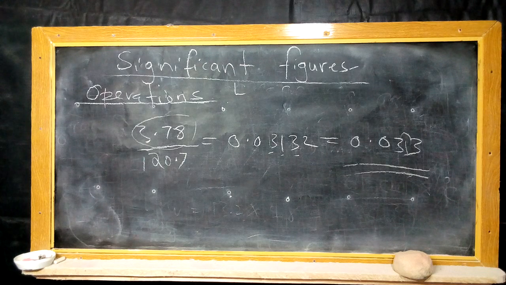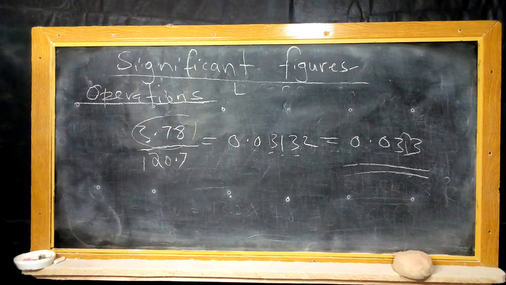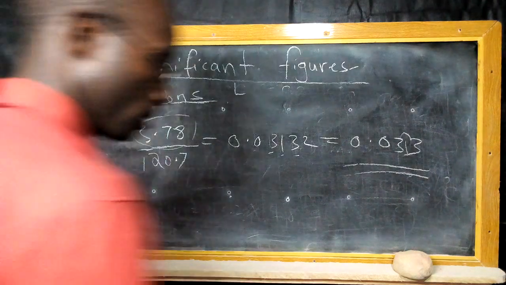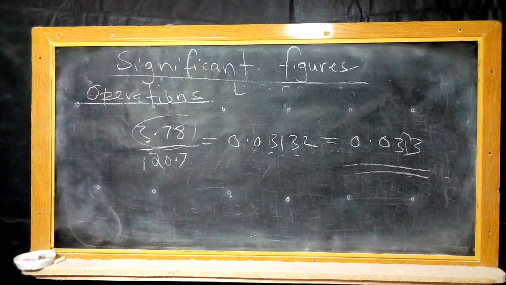So if we are doing an operation with whole numbers, natural numbers which are non-zero digits, for multiplication or division of measurements by natural numbers, the number of significant figures is preserved.